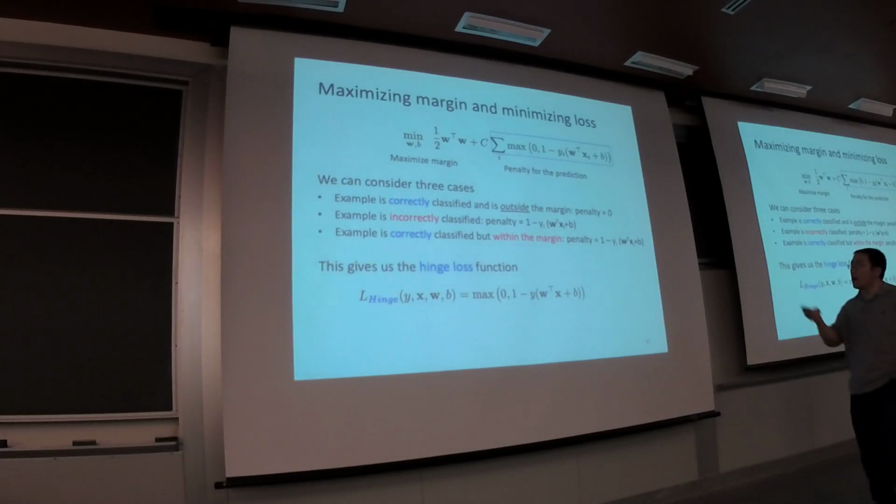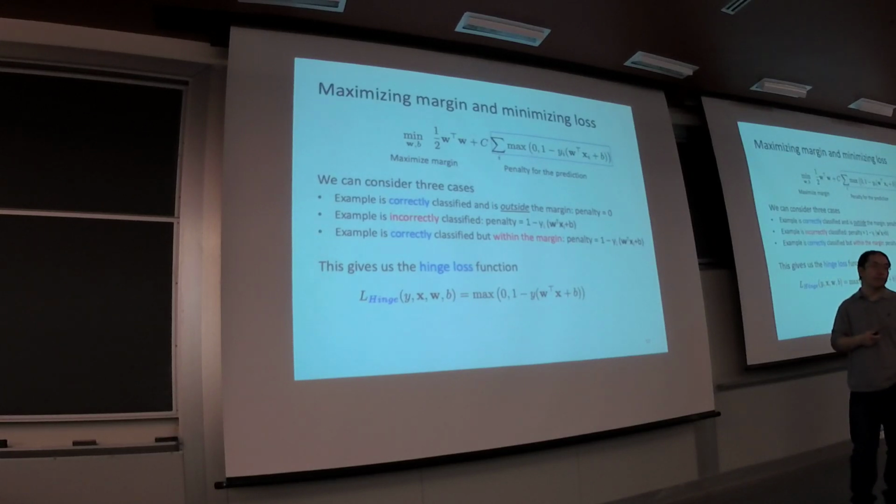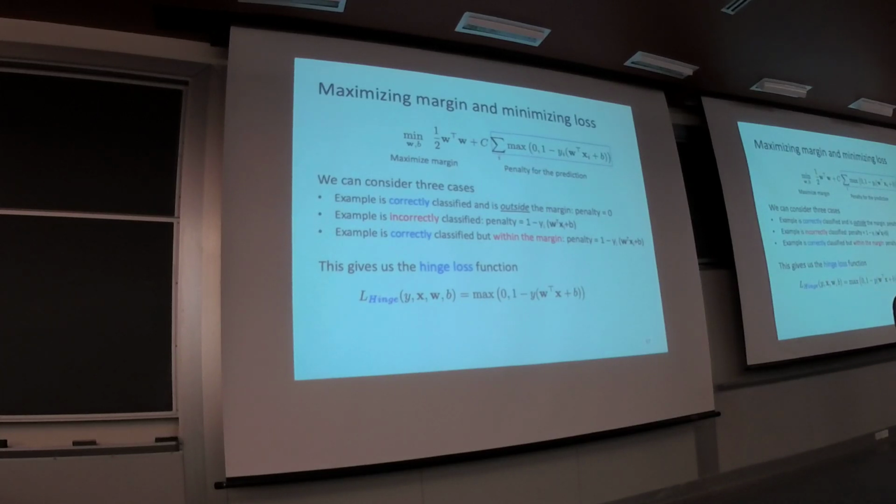So we define this penalty as hinge loss. This is a very commonly used term. It's kind of common sense in machine learning, right? Whenever you talk about hinge loss, it's just this function. It's max of 0 and 1 minus the function margin. We call this penalty term hinge loss.